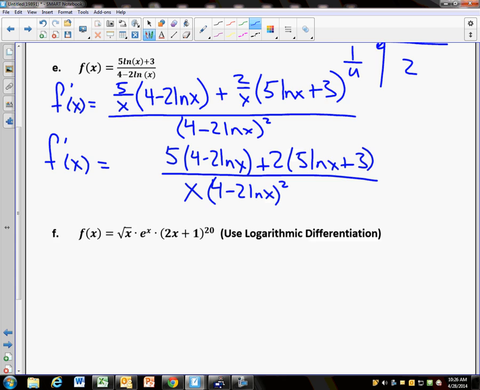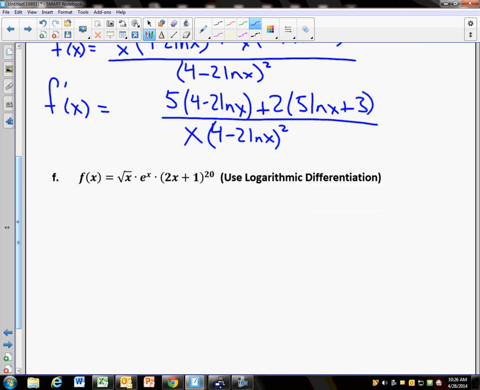Oh, yeah. Thank you, Zach. Zach sees that we have like terms here, don't we? I didn't see that. 5 times 4 is 20. Minus 5 times 2 natural log of x is 10 natural log of x. Plus 2 times 5 natural log of x.